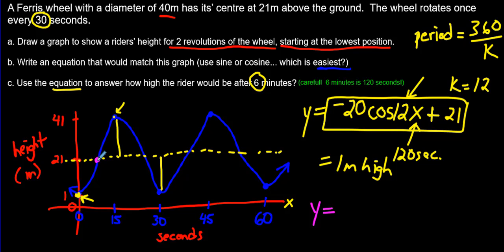And I'm going to ask myself, how far over is it from here to here? Well, a good guess would be that it's just between 0 and 15, so that'd be about 7.5 seconds to get to this spot right here.